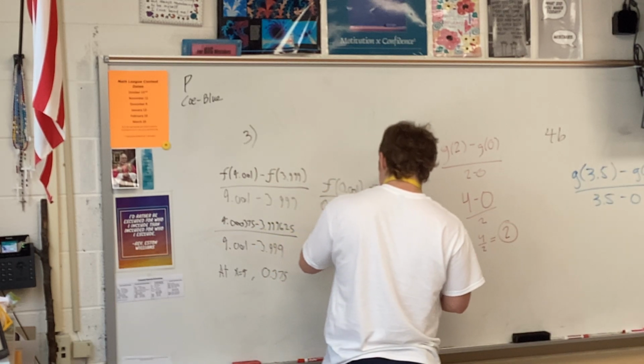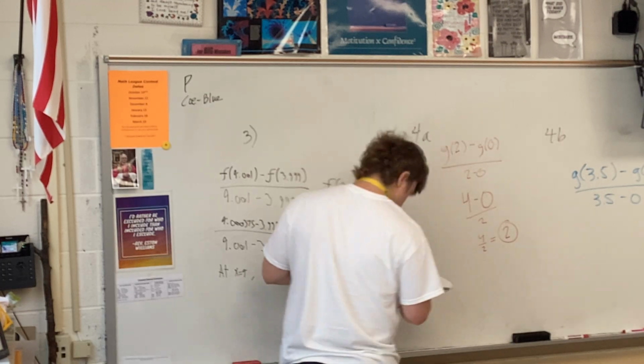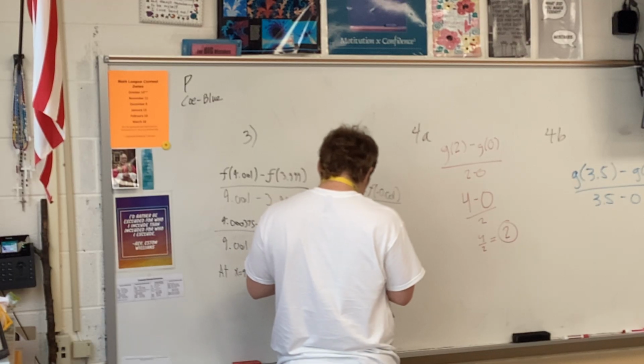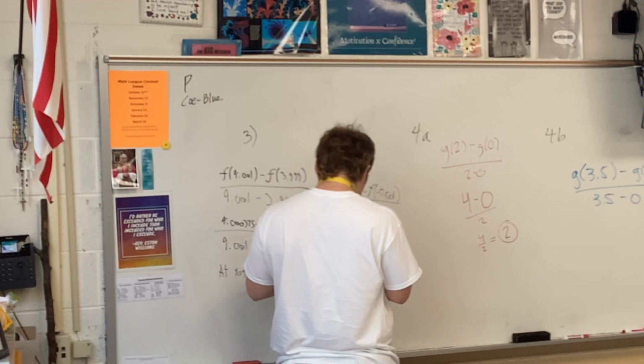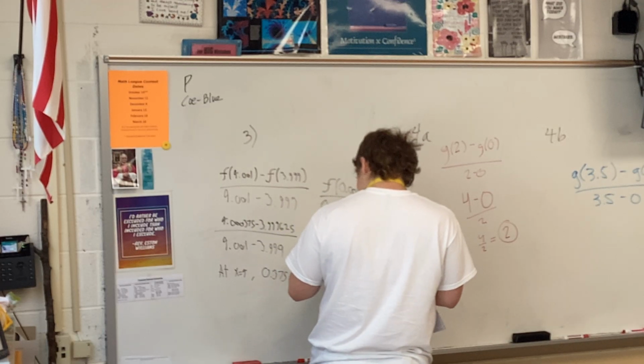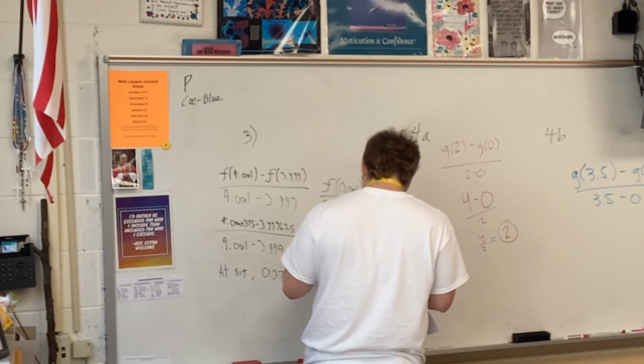Now remember, we talked about this yesterday. The instantaneous rate of change is the slope of the tangent line. So at 0, at 1, aren't we at the maximum? Yep. So when you draw a tangent line in, the slope is going to be 0.